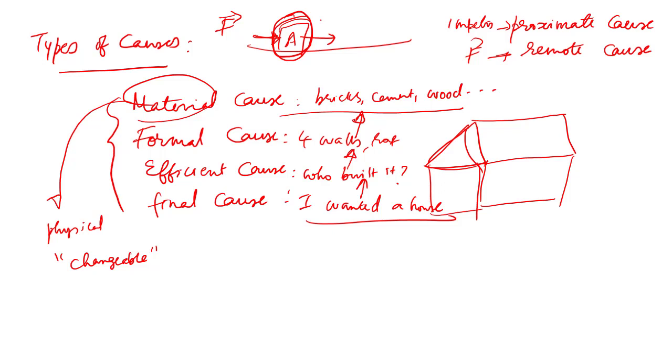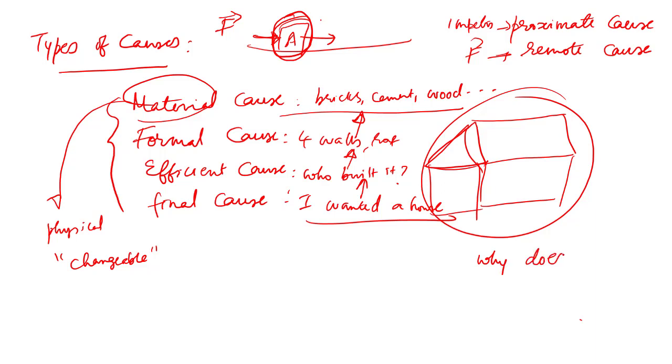So if I ask myself, why does this house exist? Then when I'm talking about causes, I need to talk about all these different types of causes: material, formal, efficient, and final cause.